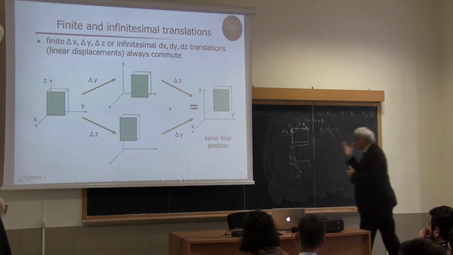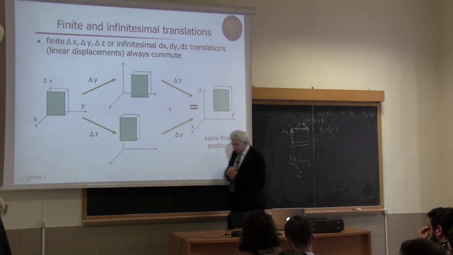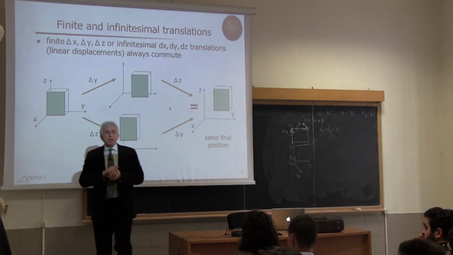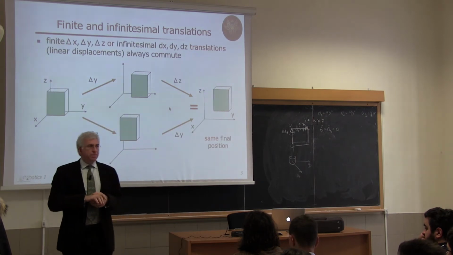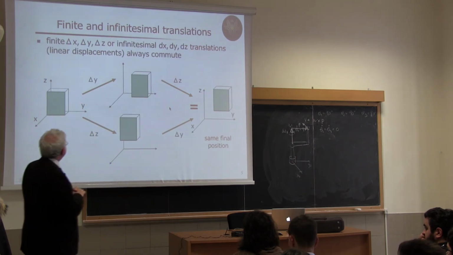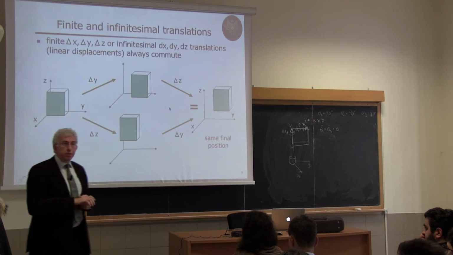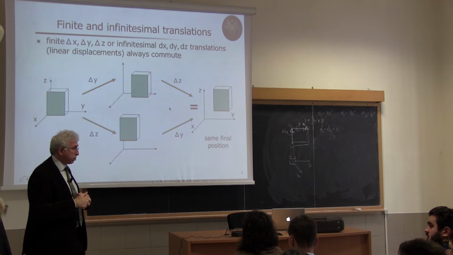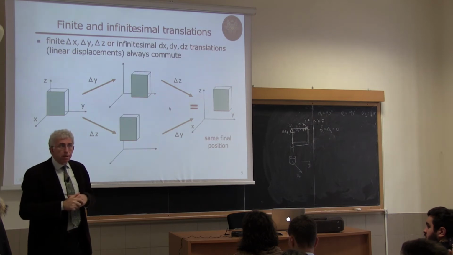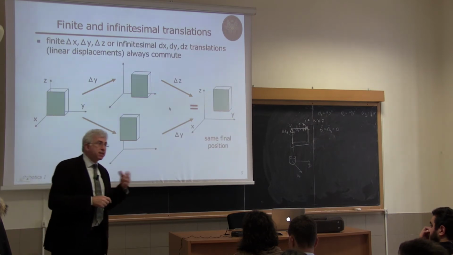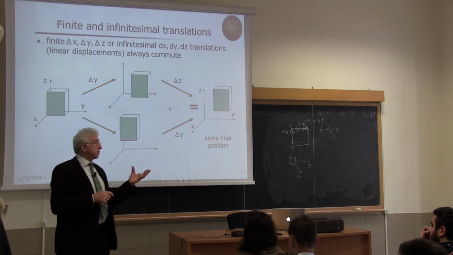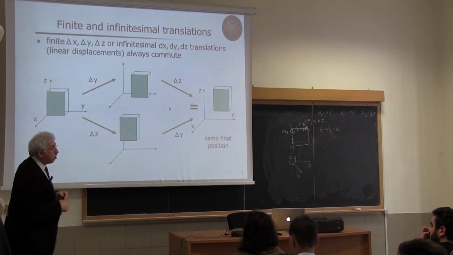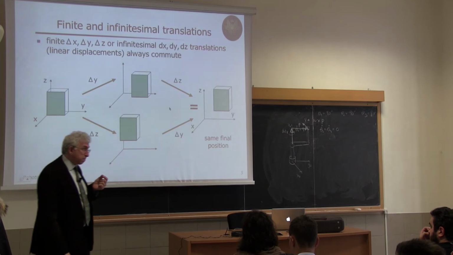And the explanation is here. When you're considering only translations, it is not important the order in which you do these translations, let's say along three orthogonal axes, no matter if these translations are finite, so delta, or infinitesimal.